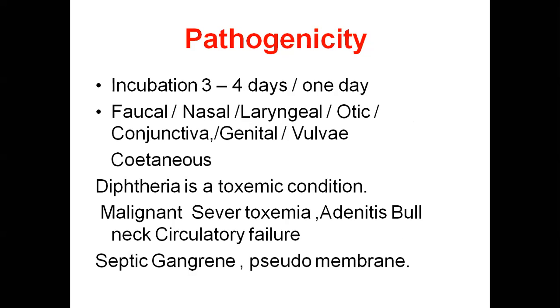Then the incubation period: once you get contact, it takes 3 to 4 days, or sometimes even 1 day, to show the signs and symptoms. So what signs and symptoms can you identify? You can identify the faucial, nasal, laryngeal, optic, conjunctival, genital, vulval or cutaneous areas where the infection and inflammation will be present.